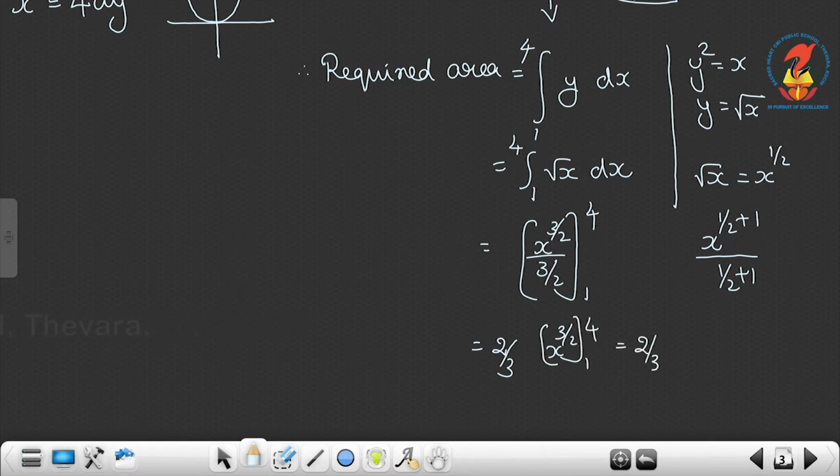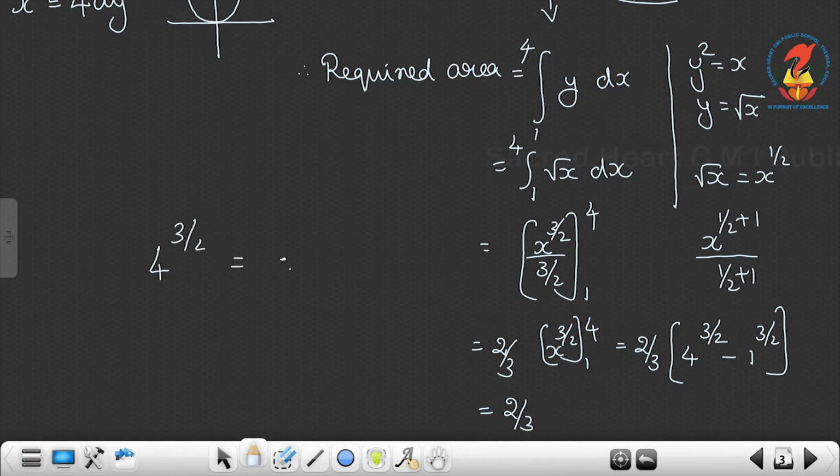That is 2 by 3 into, first is 4 raised to 3 by 2, first the upper limit, then the lower limit. What is 4 raised to 3 by 2? 4 is same as 2 square. 2 square raised to 3 by 2.